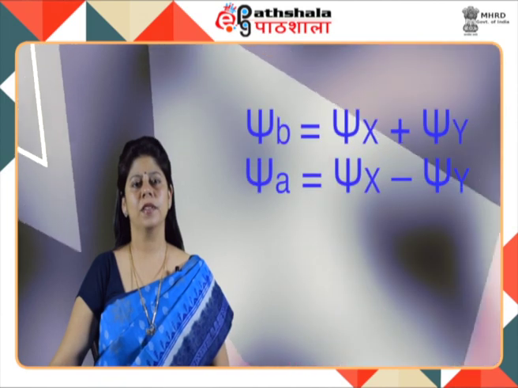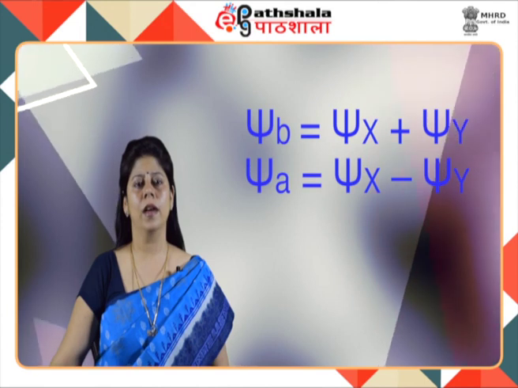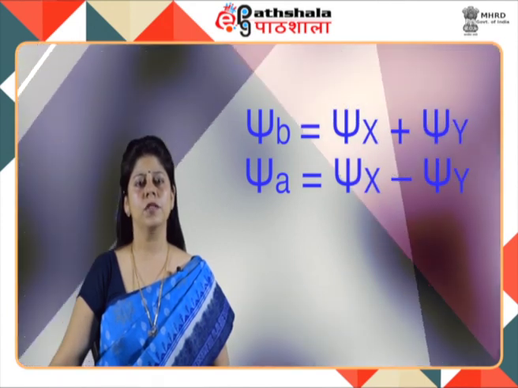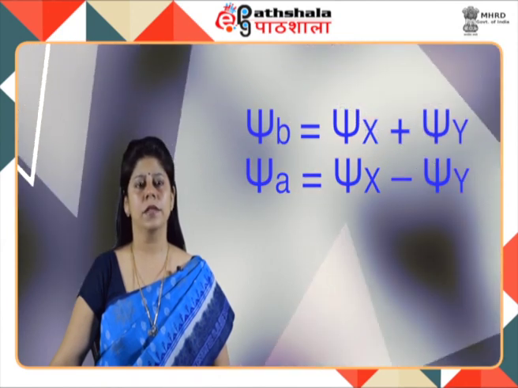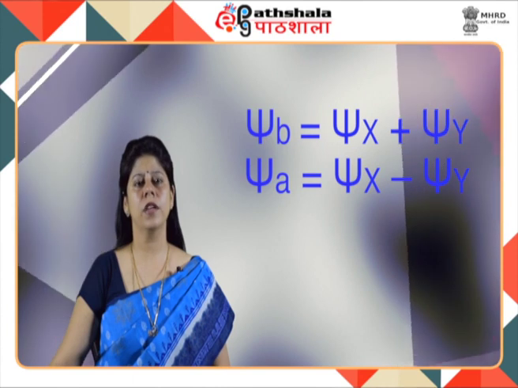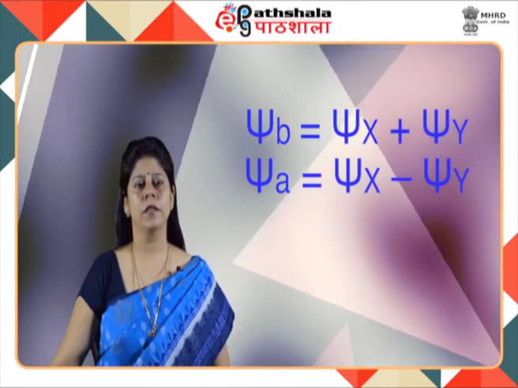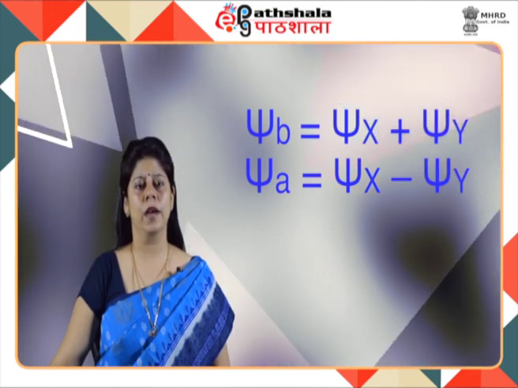Bonding molecular orbital is formed by the addition of atomic orbitals, while the antibonding molecular orbital is formed by the subtraction overlap of atomic orbitals. Psi bonding is the combination of psi x plus psi y, whereas psi antibonding is the subtraction overlap of psi x minus psi y.